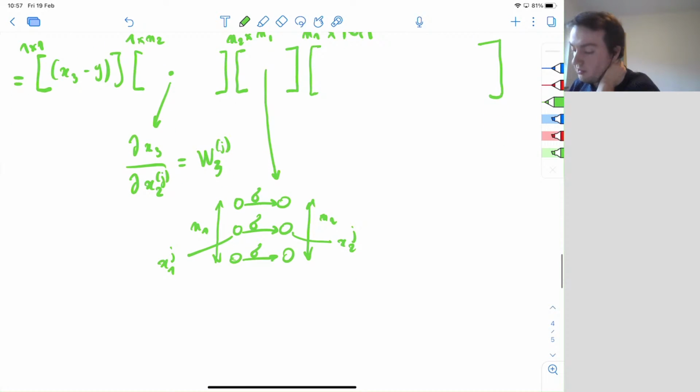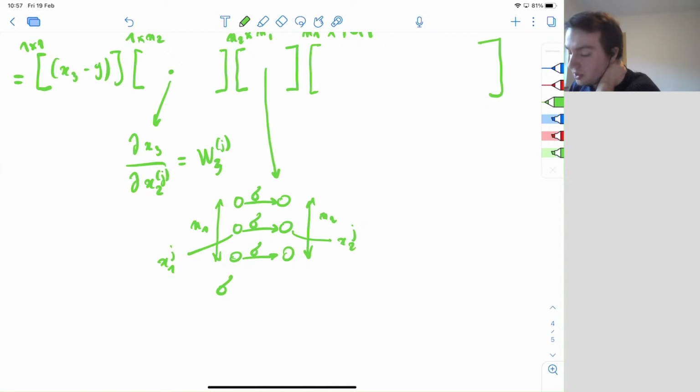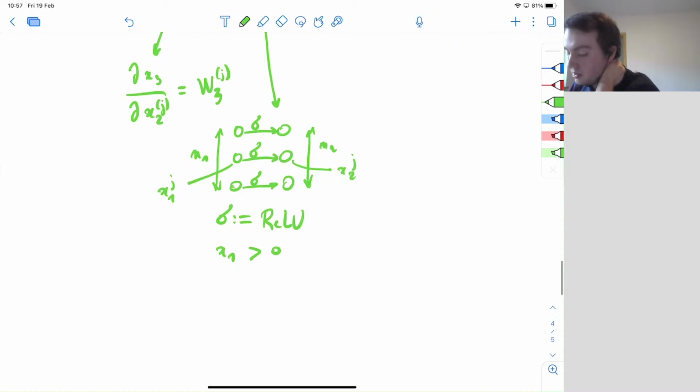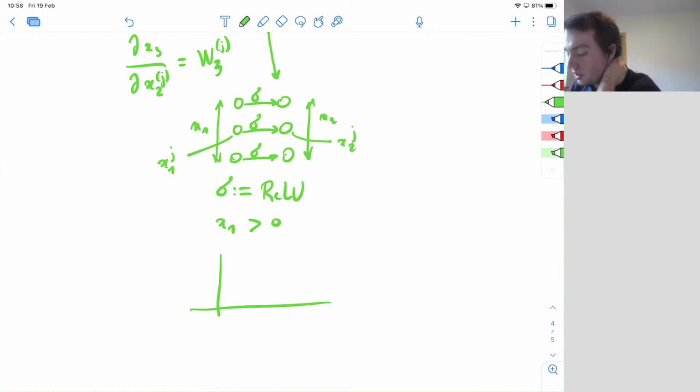So to make things easy, let's say that our activation function is the ReLU, and we are in a regime where x1 is positive. If you remember the shape of the ReLU, it's something like this, 0 there.